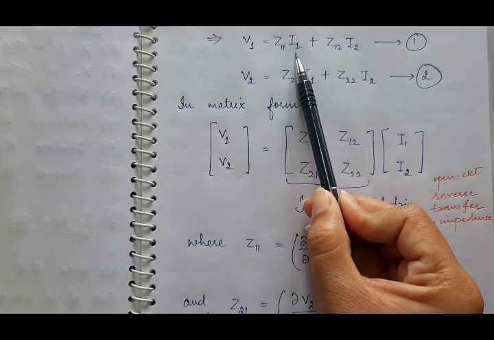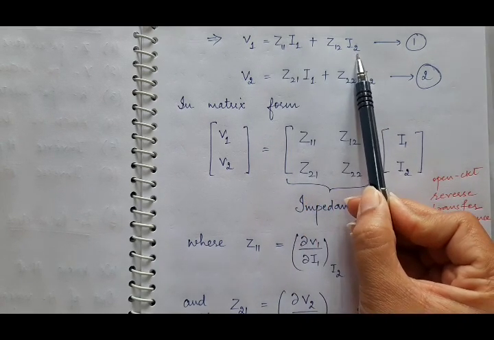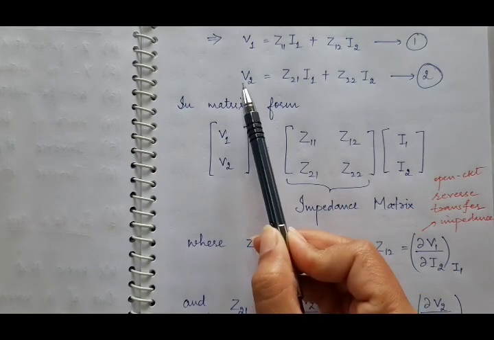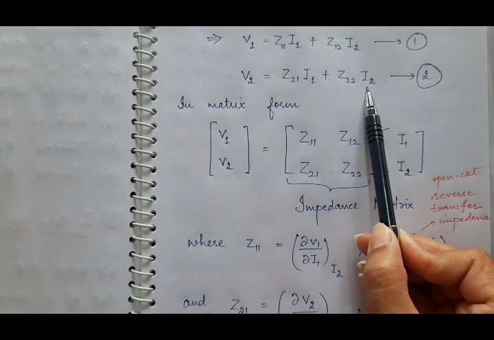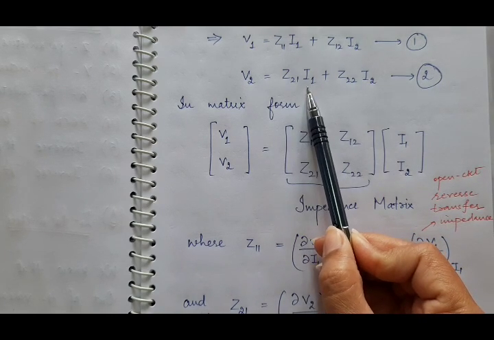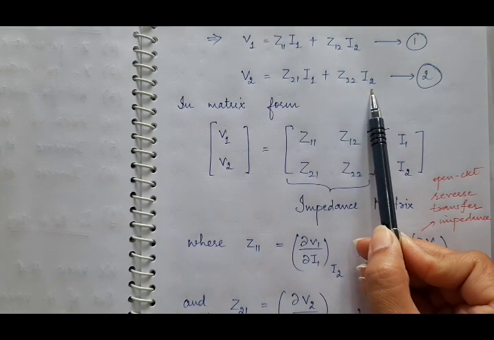Z11 is the coefficient of I1, Z12 is the coefficient of I2. Similarly, write V2 as a linear combination of I1 and I2, where Z21 is the coefficient of I1 and Z22 is the coefficient of I2.